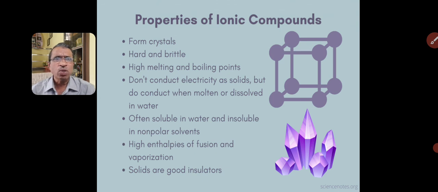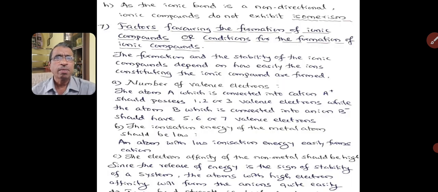They are often soluble in water and insoluble in non-polar solvents. They have high enthalpy of fusion and vaporization. They are good insulators in the solid state. As the ionic bond is non-directional, ionic compounds do not exhibit isomerism.